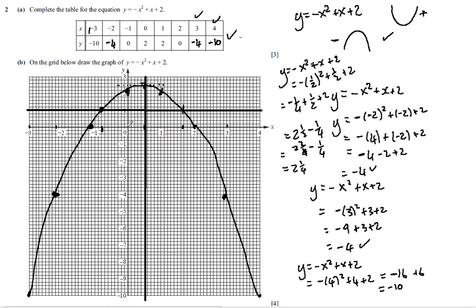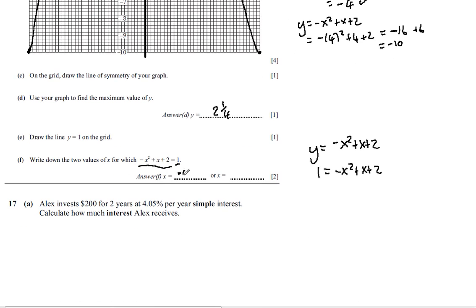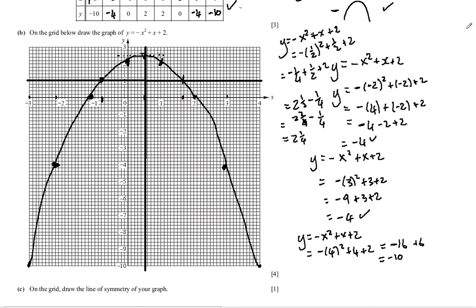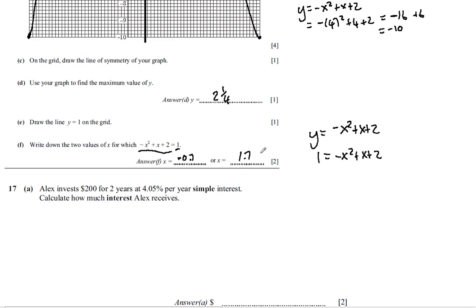So it's roughly at negative 0.7, for example, and the other one is at 1.7. And that's what you do.